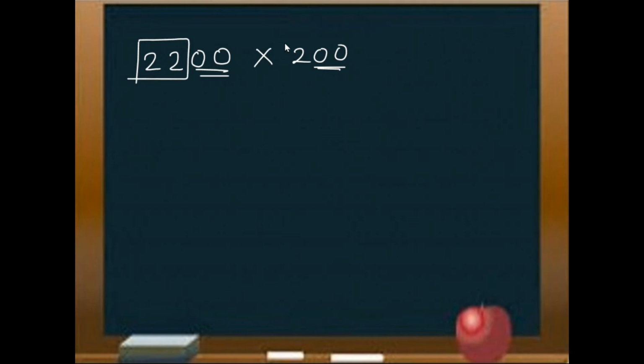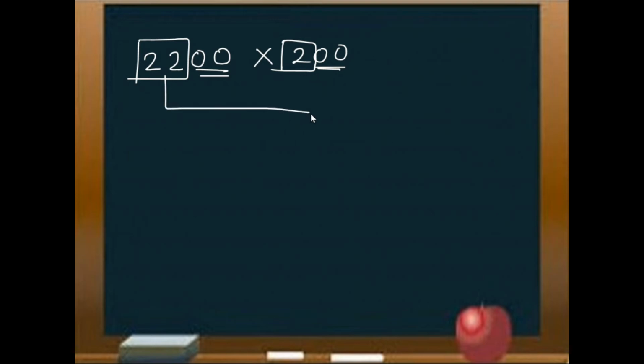So suppose I have 2200 times 200. Now if you see, both the numbers have 2 zeros at the end. We are going to ignore these zeros right now, and we are going to focus only on the non-zero numbers, the numbers which are not zero.